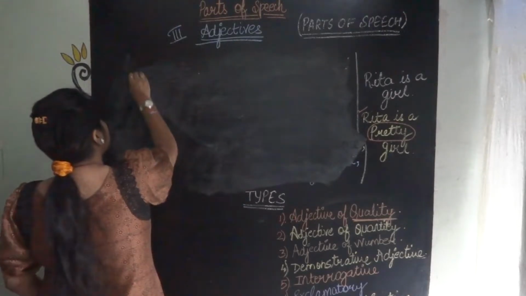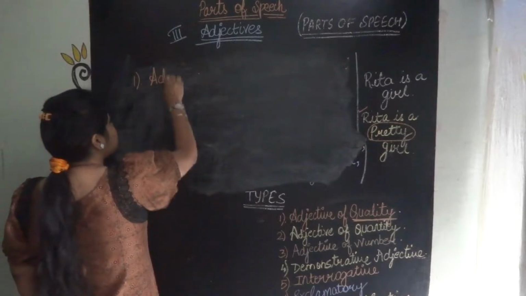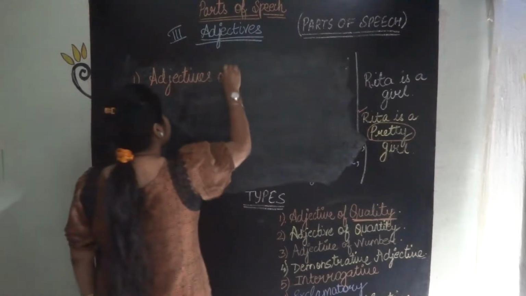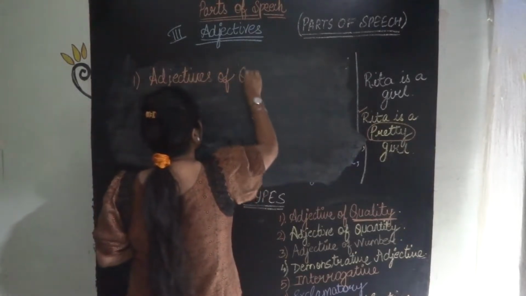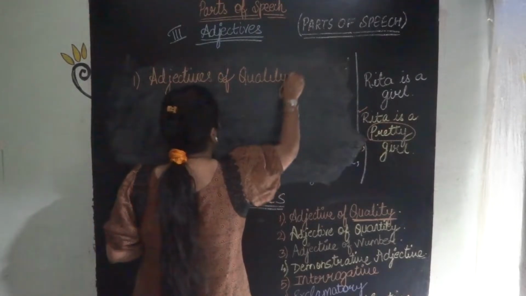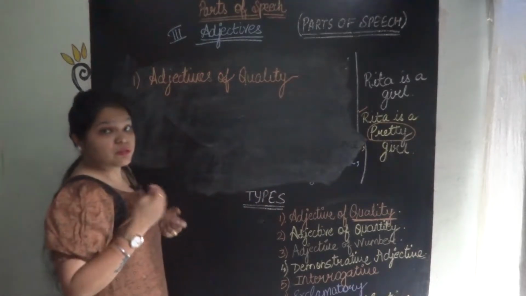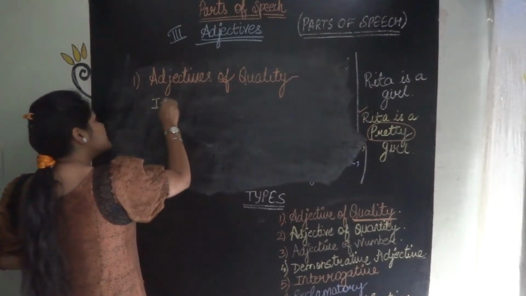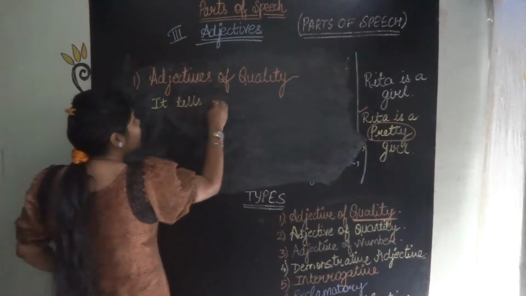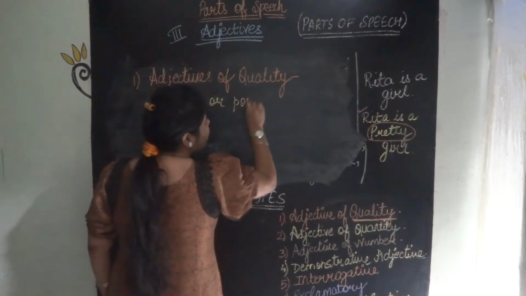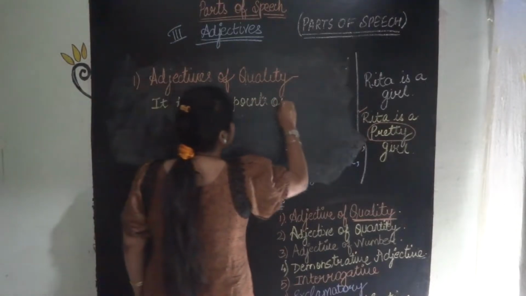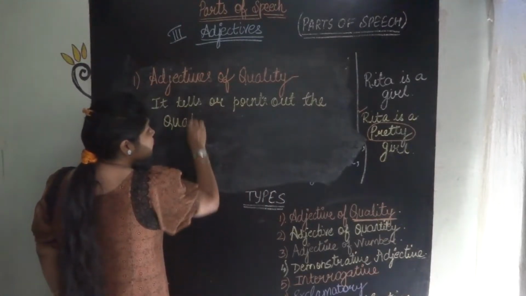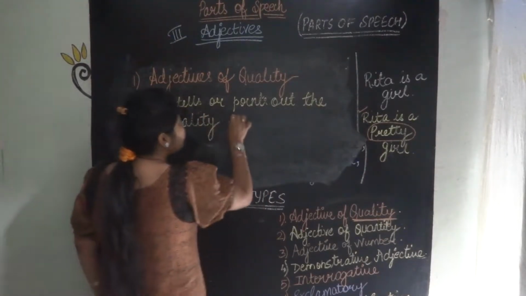First of all, we will be doing types in adjectives of quality. What are we doing? Adjectives of quality means it tells or points out the quality of whom?